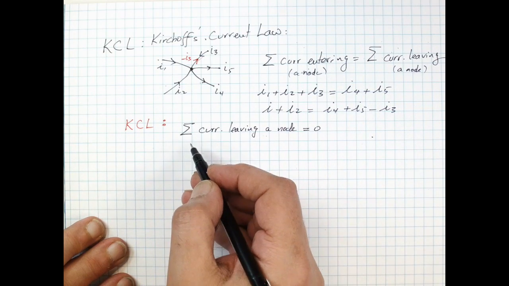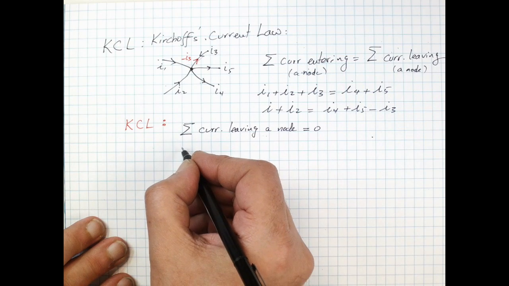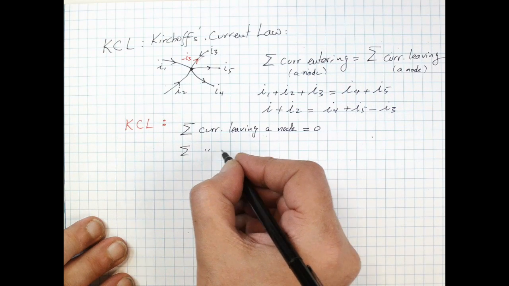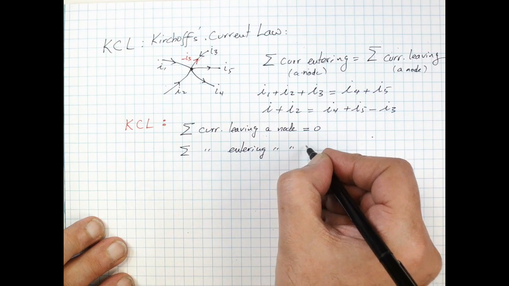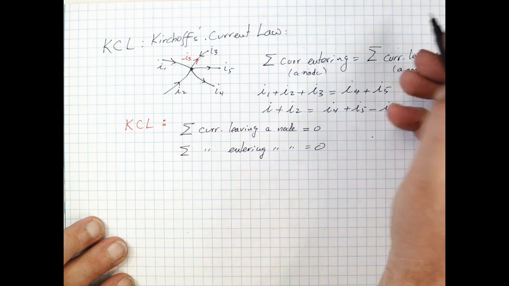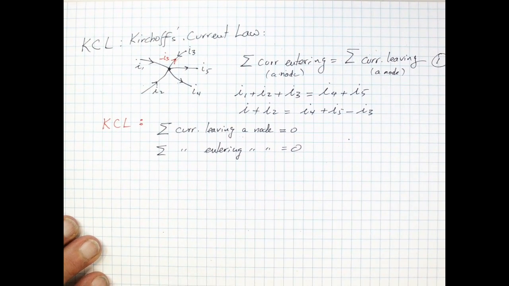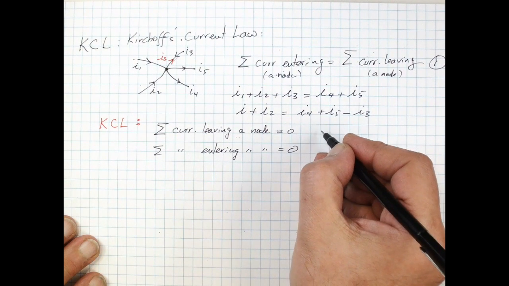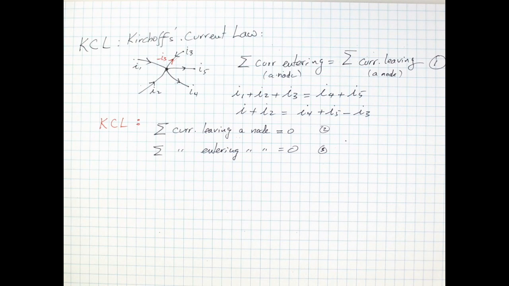We could also say the sum of the currents entering a node is equal to 0. So this is one statement of KCL, this is another statement of KCL, and this is another statement of KCL. All of these are equivalent.